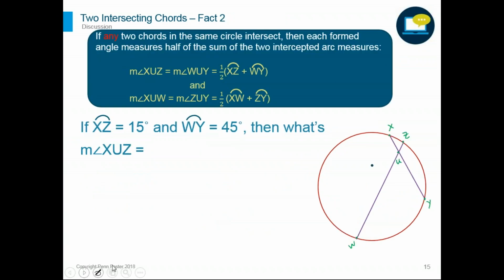Okay, let's move on to the second fact that draws from the chords intersecting in the circle. Another fact is that we're able to find the angle measures formed by the intersecting chords. So angle XUZ and angle WUY, these two angles we're able to find the measure for.